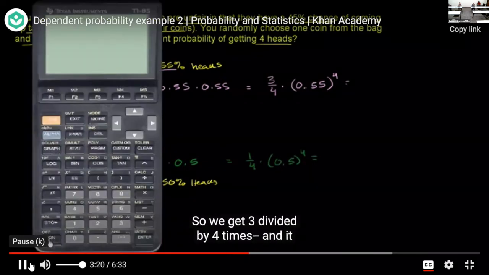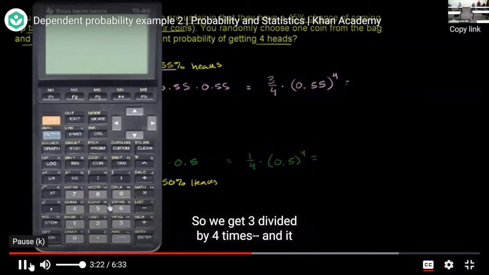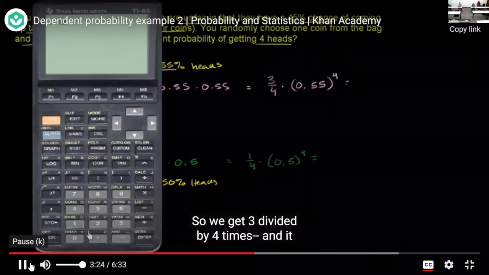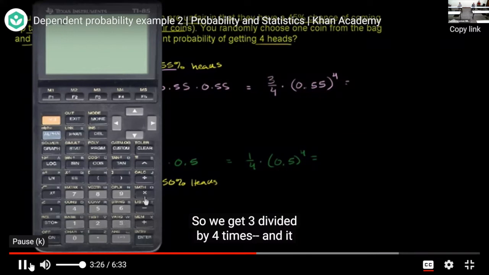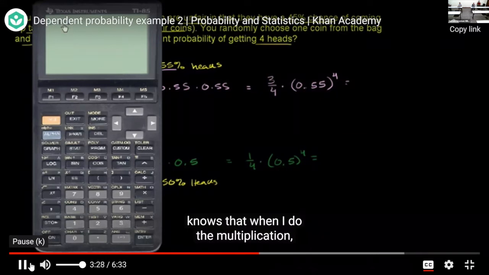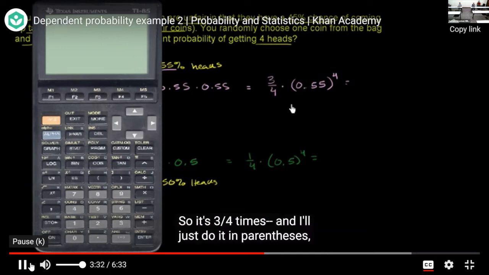So we get 3 divided by 4 times, and it knows that when I do the multiplication, it's not in the denominator here. So 3/4 times, I'll just do it in parentheses, which I don't have to do because it knows order of operations.